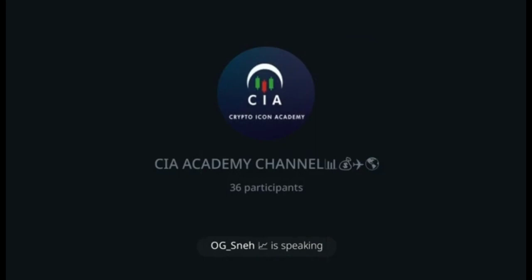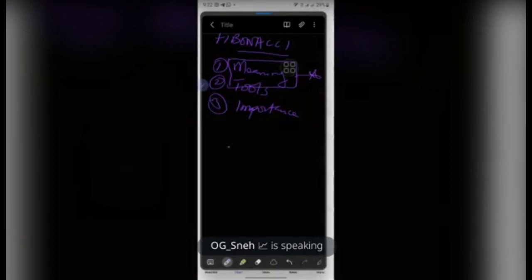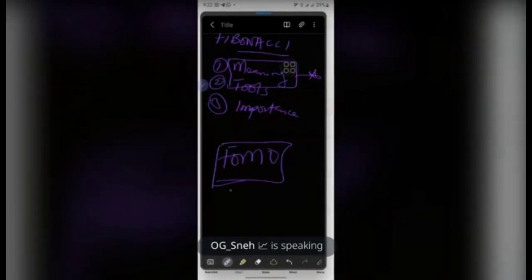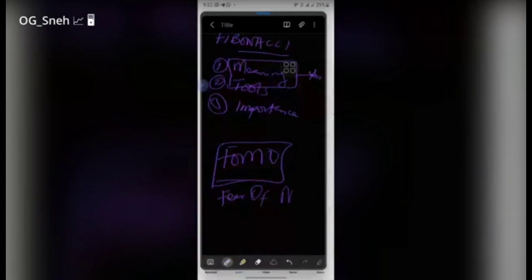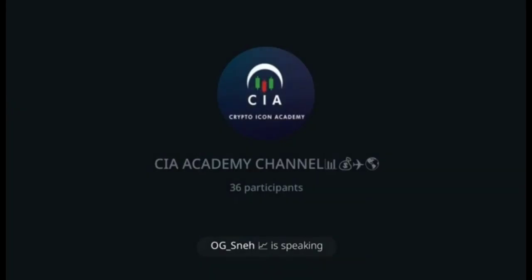But this time around, you are not just FOMOing just anyhow, but you are FOMOing with sense. FOMO, this word is actually very common. And FOMO means what? Fear of missing out. If you see that BTC is going up, you want to long the market, you want to buy BTC. That's what we call what?